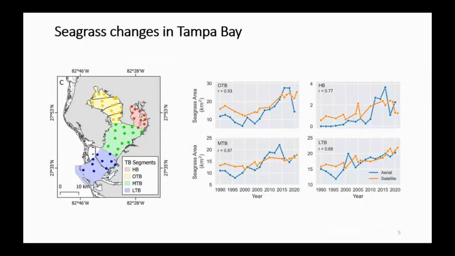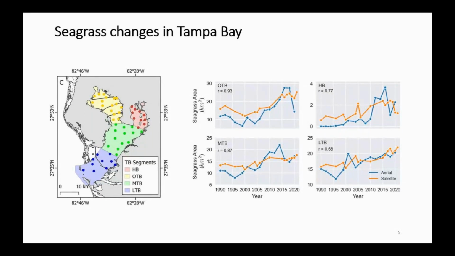We did the same for the four major Tampa Bay segments: Old Tampa Bay, Middle Tampa Bay, Lower Tampa Bay, and Hillsborough Bay, to observe the impact of water quality changes on seagrass cover at different degrees.